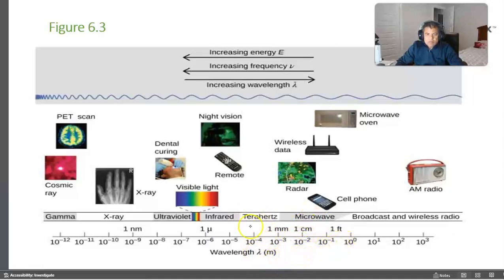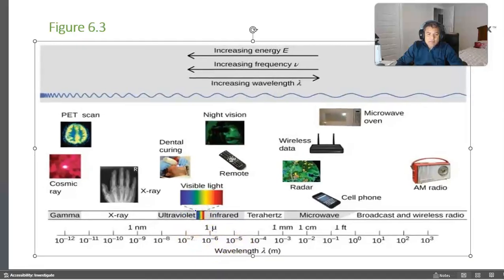Okay, the terahertz belongs to about 10 to the power minus 5 to 10 to the power minus 4 meter. Then comes infrared, that is about 10 to the power minus 6 to 10 to the power minus 5 meter. And then the visible light is tiny here.